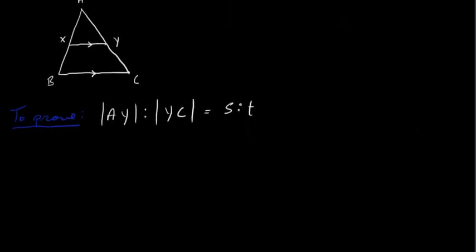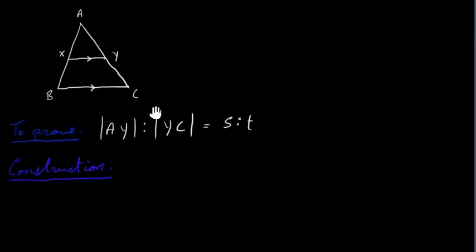What are we going to do here? So let's have a look at construction. Okay, so what we're going to do here is divide AX, this section here, into S equal parts.